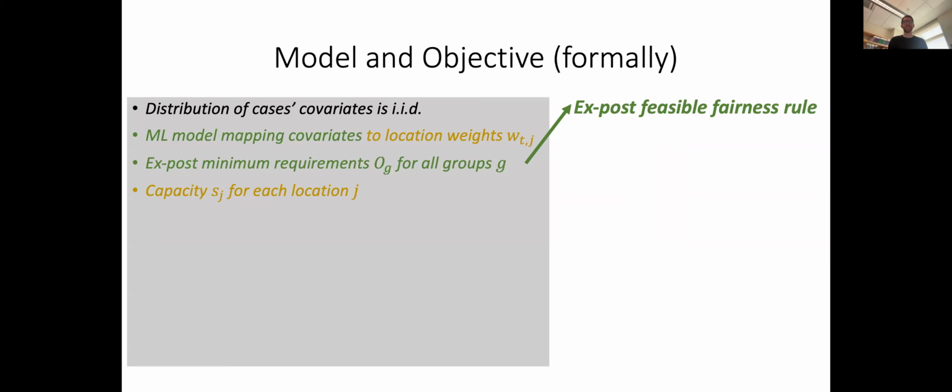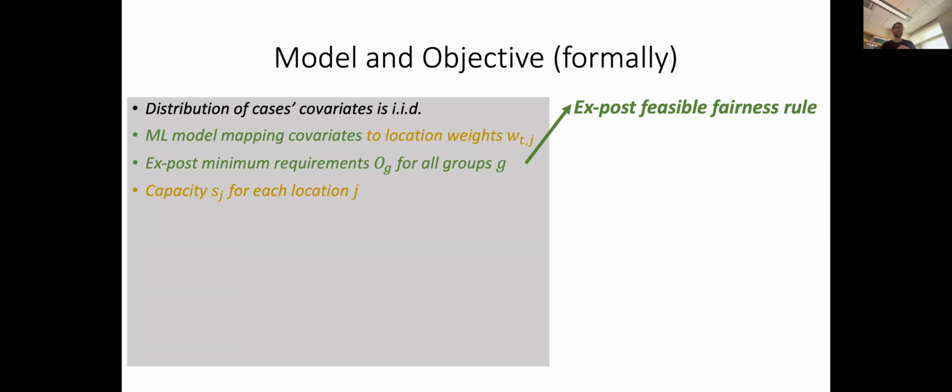Okay, let's formalize things. We have in our model that the distribution of case covariates is IID. We have a machine learning model that will map the covariates to location weights. The location weight is the employment probability of case t in location j.